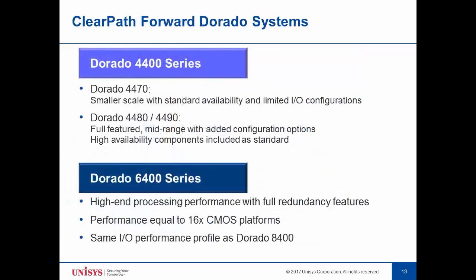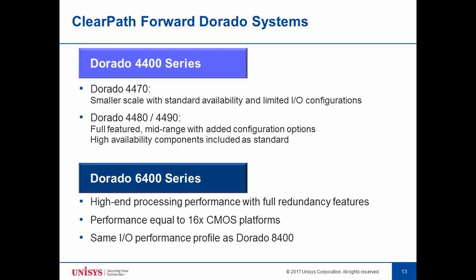Now, along with the Dorado 8400, we are refreshing our Dorado 4000 series with the Dorado 4400 series. We have actually 2 elements of that. There is a smaller scale Dorado 4470. It's the only product in our family that has the standard availability.